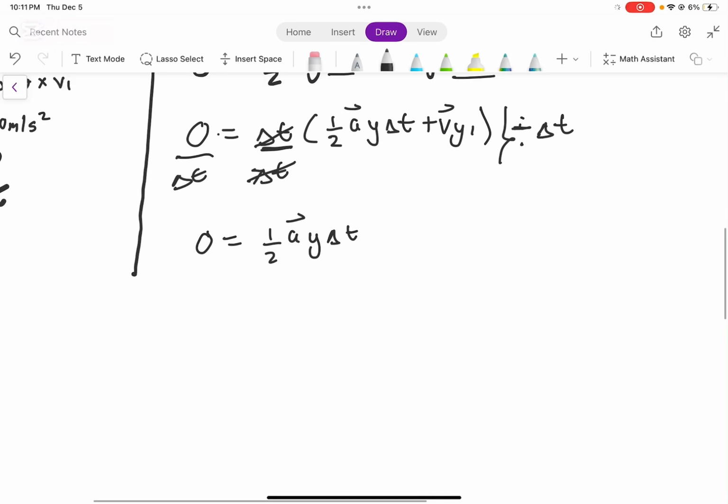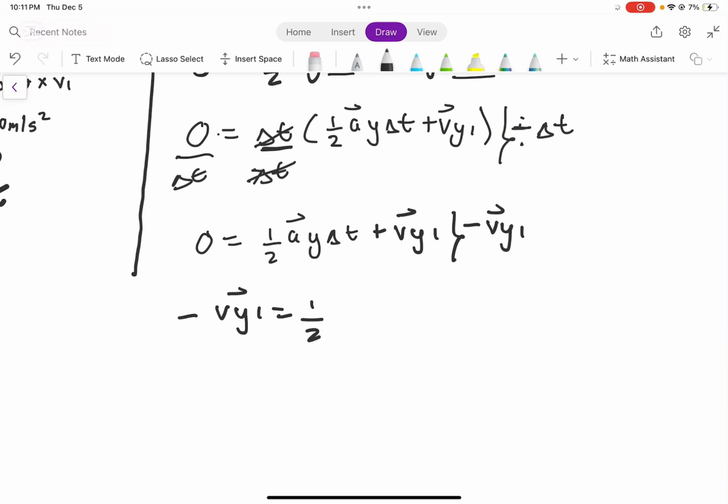So 1/2 ay delta t plus vy. Now it's a little easier to get delta t by itself. We can subtract this term over, so we go minus vy and bring this term to the left. So we have negative vy is equal to 1/2 ay delta t.